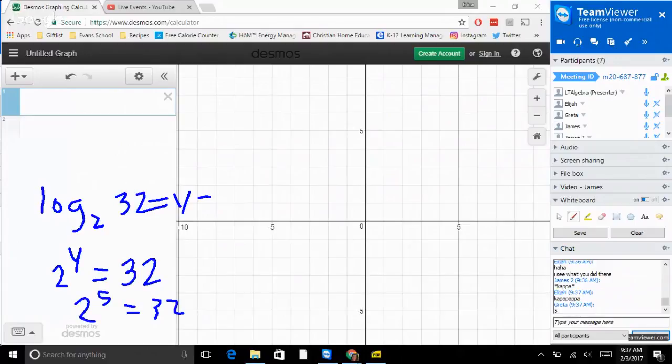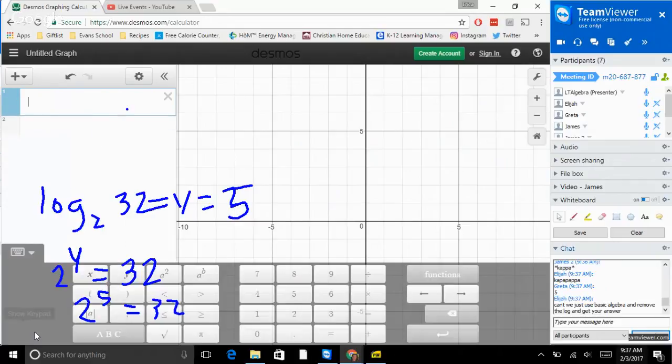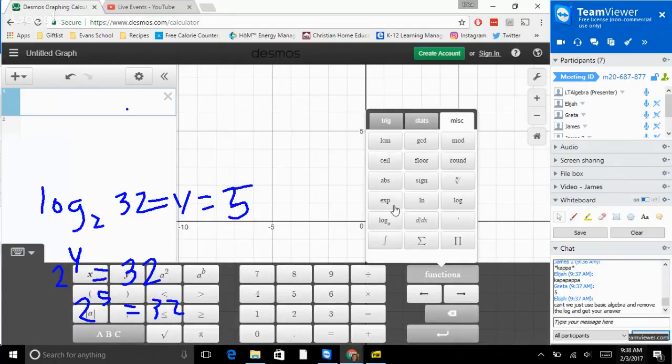So we would expect that when I type in log base 2 of 32, I would get 5. You have to actually use the function. You don't even have to use your calculator.